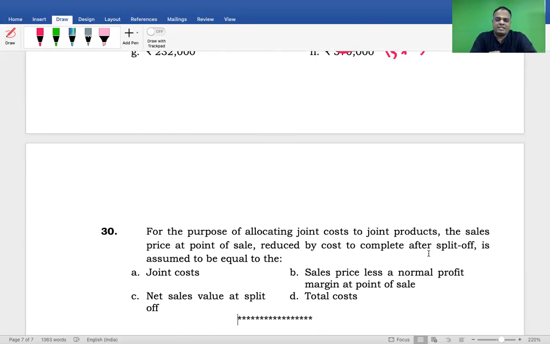For the purpose of allocation of joint cost to joint products, the sales price at the point of sale reduced by the cost to complete after split off is assumed to be equal to dash. Options: joint cost; sales price less a normal profit margin at the point of sale; sales value at split off point; total cost. Read the question carefully and tell the answer.